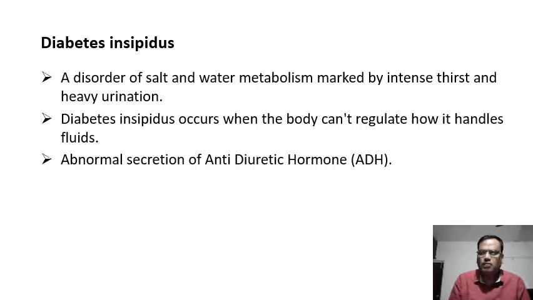So when the person loses a lot of water in the form of urine, it is definitely going to affect the osmoregulation process inside the body. So that is the condition. Now, why does this occur? It is mainly associated with the antidiuretic hormone.